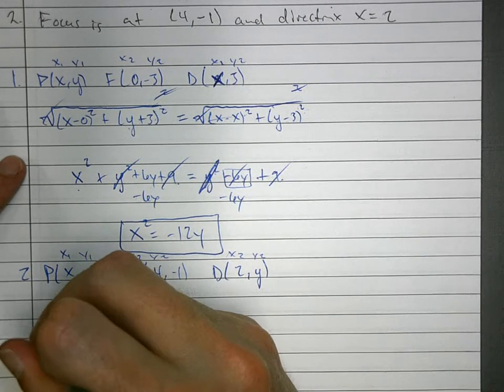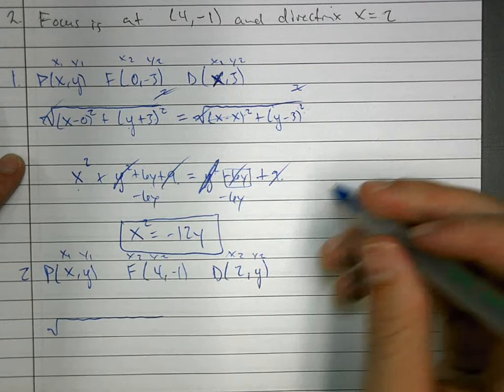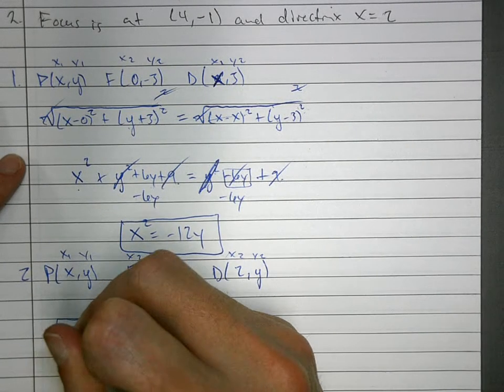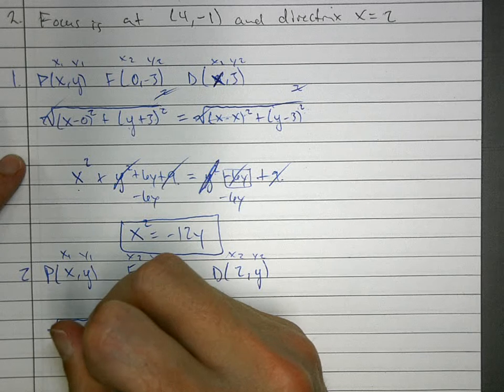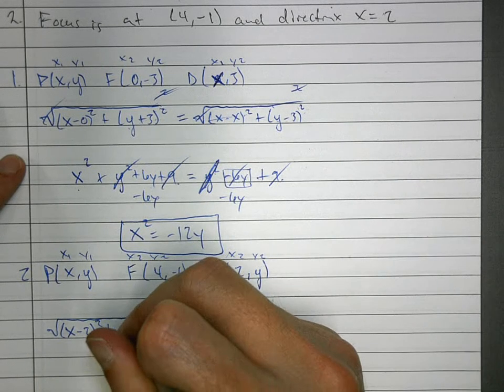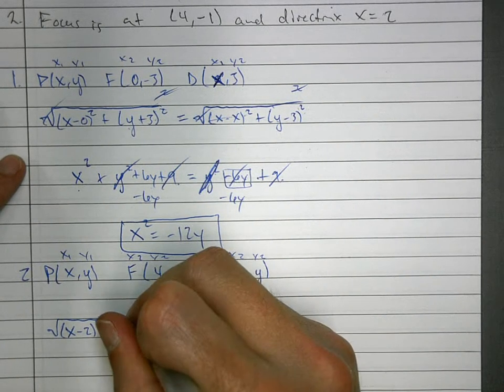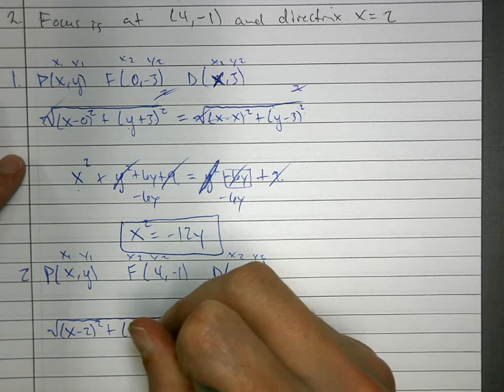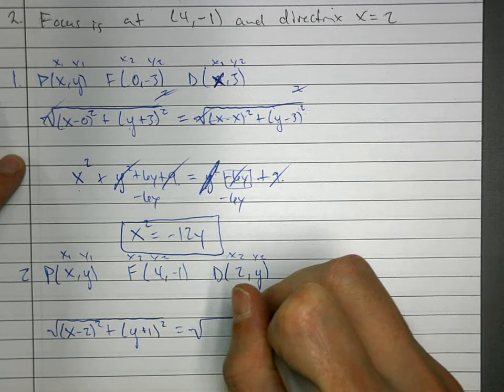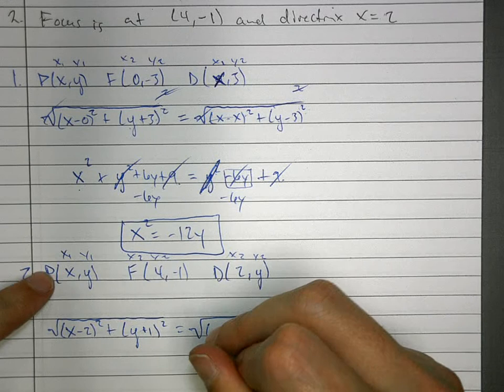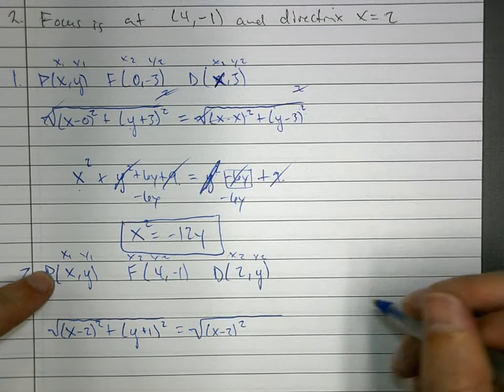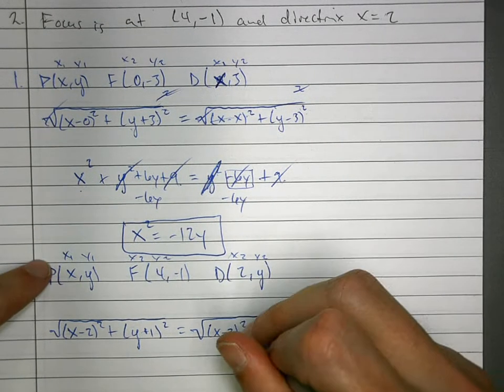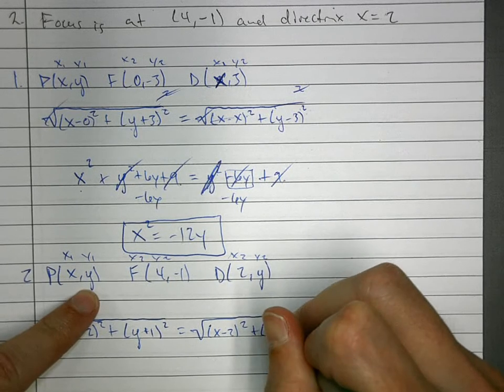So it's the square root of (x minus 2) squared plus (y minus a negative 1, which is a positive 1) squared equals the square root of (x minus 2) squared plus (y minus y) squared.